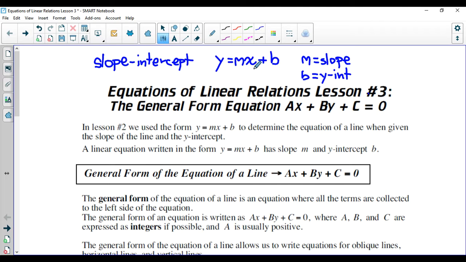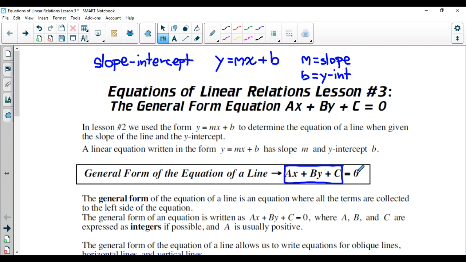Now, we have another way we can express an equation for a straight line. This is referred to as the general form of an equation. If you take your y equals mx plus b equation and collect all of your terms onto a single side of the equation, you'd have your term with the x variable, your term with the y variable, and your constant, and on the opposite side you'd have nothing, so that would just be equal to 0.